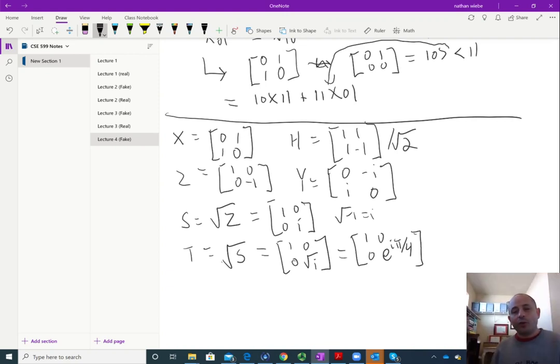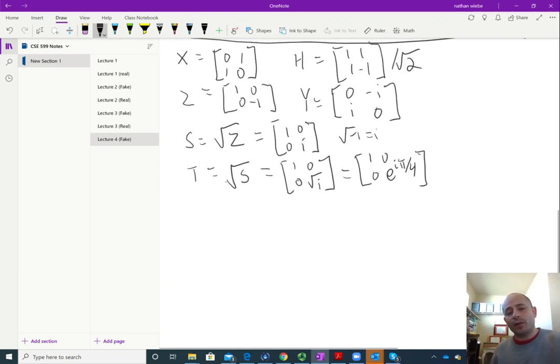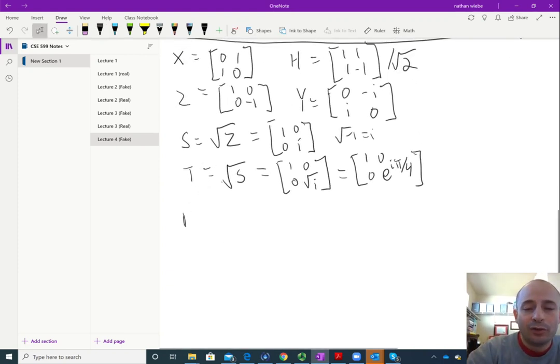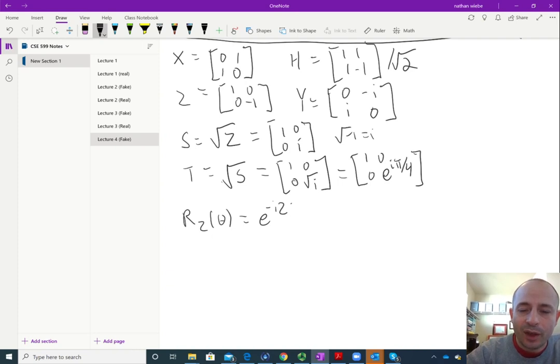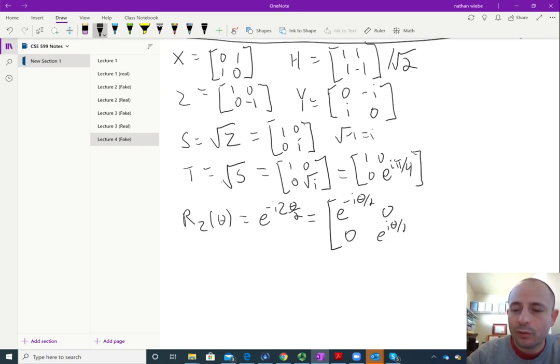Okay, so those are a set of single qubit operations, but another one that is of great interest is the RZ gate, which is of the form e^(-iZθ/2), which, when you represent that, is [[e^(-iθ/2), 0], [0, e^(iθ/2)]].